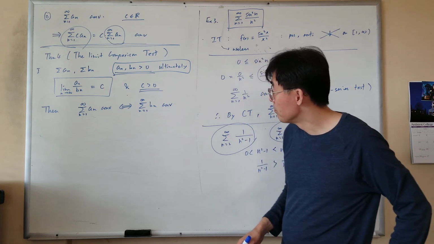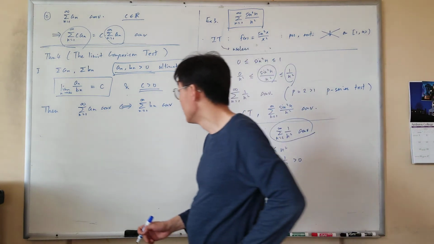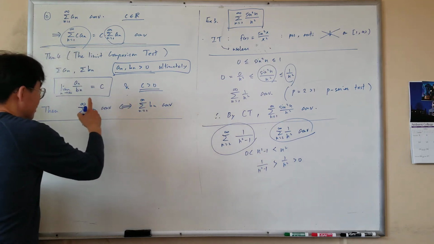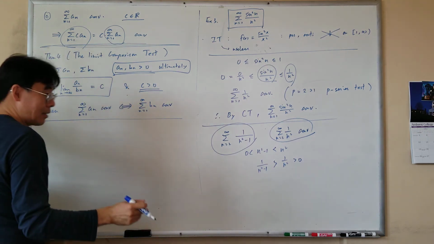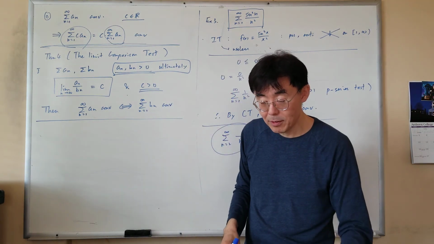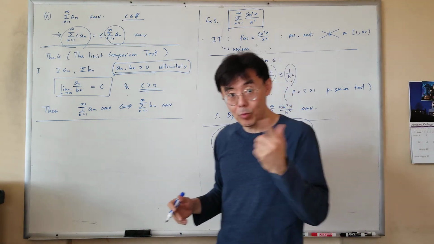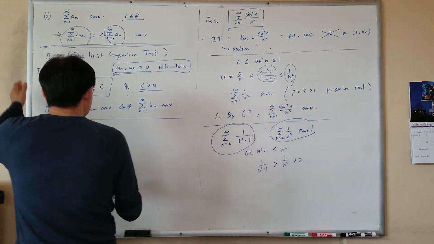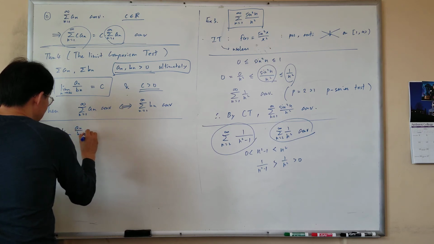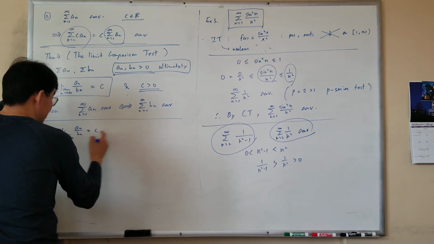Okay. Now, why is this the case? We cannot prove this rigorously, but I can give you some intuitive ideas why this makes sense. Think about this: the limit of an over bn is c. What does it mean?